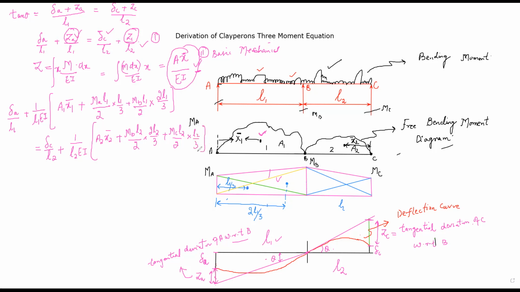Okay. So what we will be doing, now look at the z-intercepts. The z-intercept on the left-hand side is positive, while the z-intercept on the right-hand side is negative. This is a sign convention. You can take it otherwise.